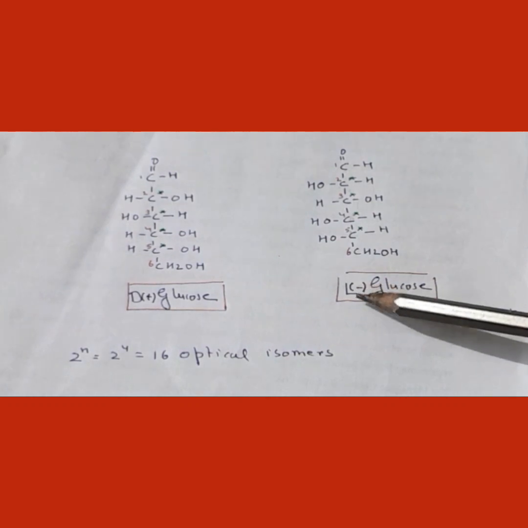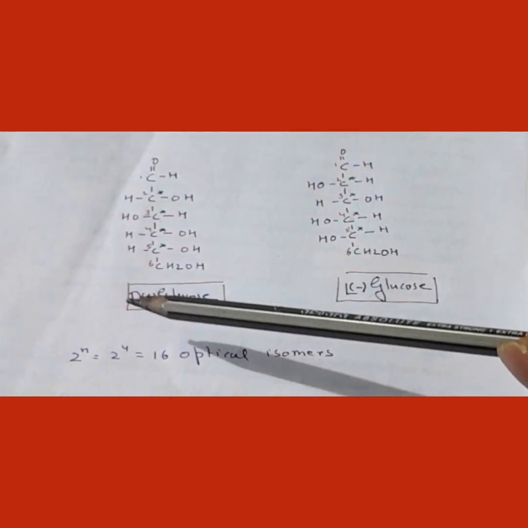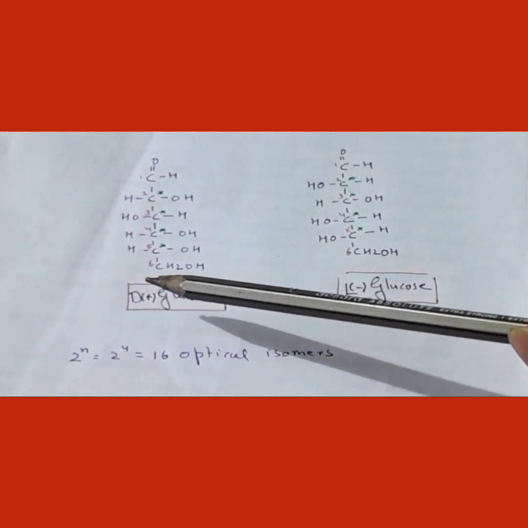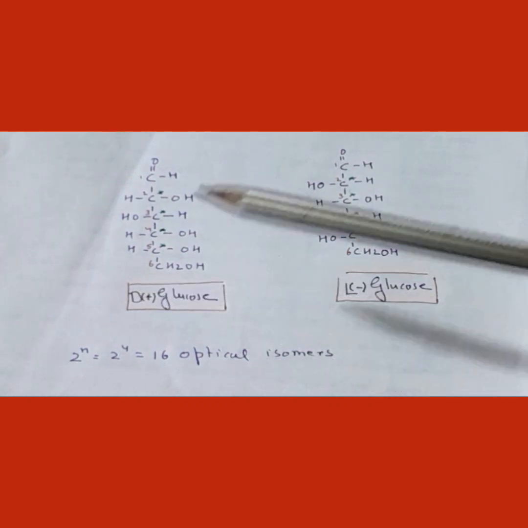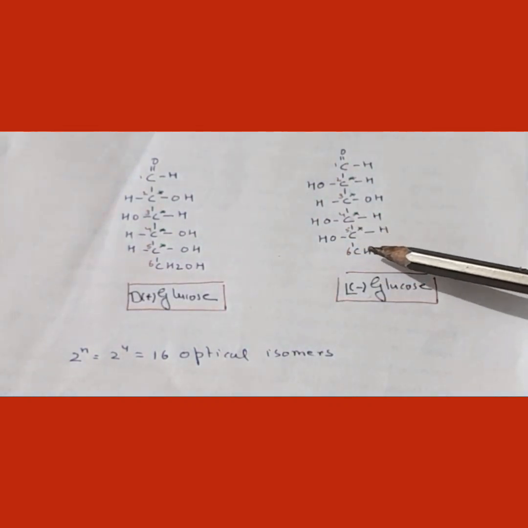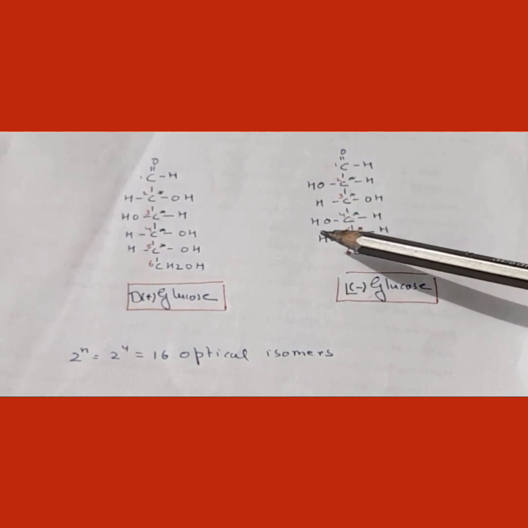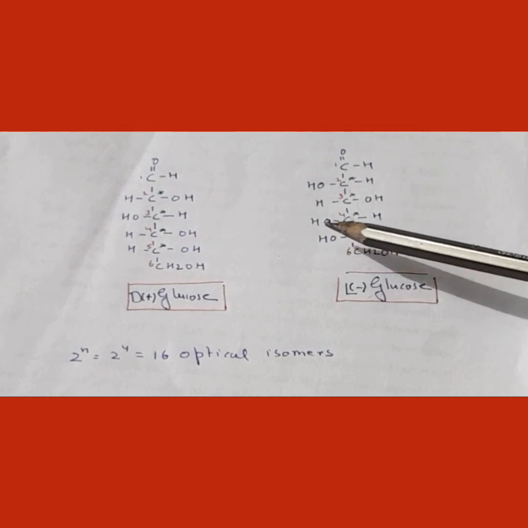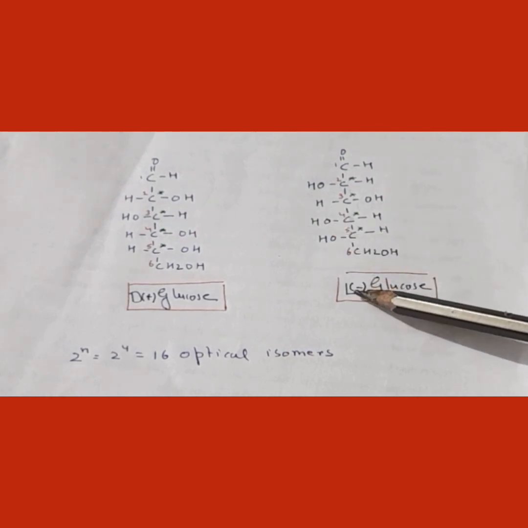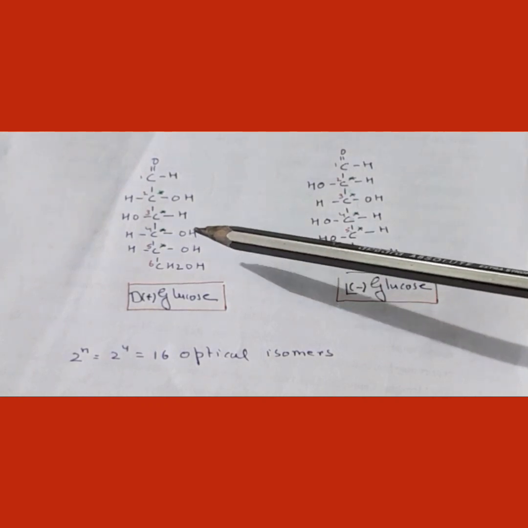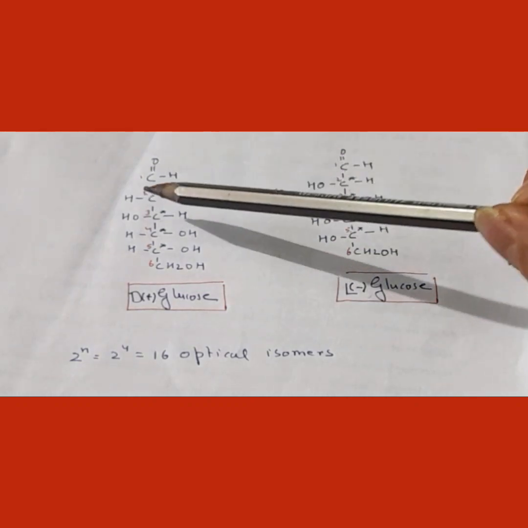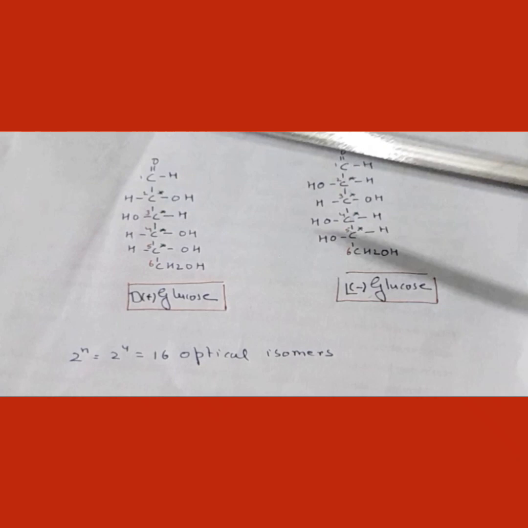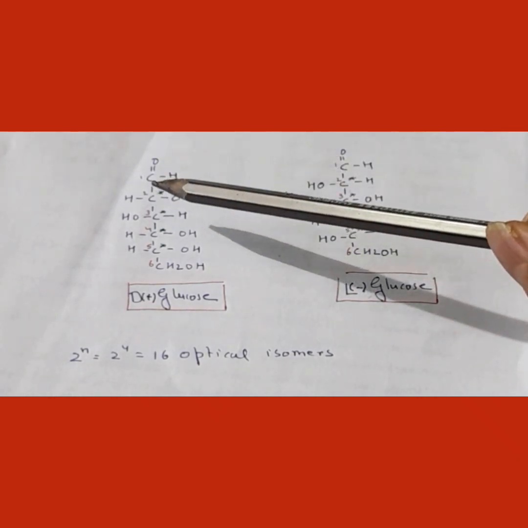Now this capital L and D are actually old-time configuration, based on glyceraldehyde. In short, the OH on the penultimate carbon, when it is towards the left, we call it capital L, and when it is towards the right, we call it capital D. Another thing: if we place a mirror in front of them, we would find that if we call this an object, this is the mirror image of that.